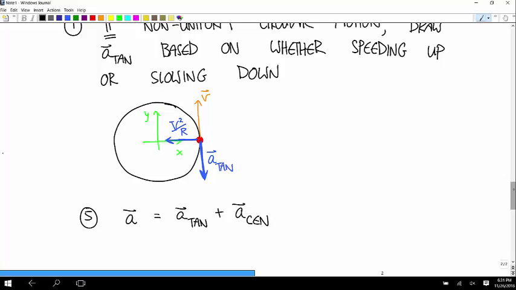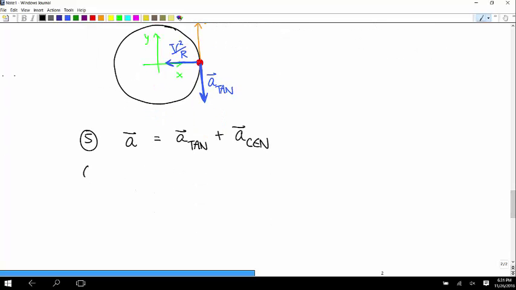And now the last thing that you have to do in most problems is step 6, draw a free body diagram. And then the last thing is you're going to use Newton's second law to calculate some kind of unknowns.